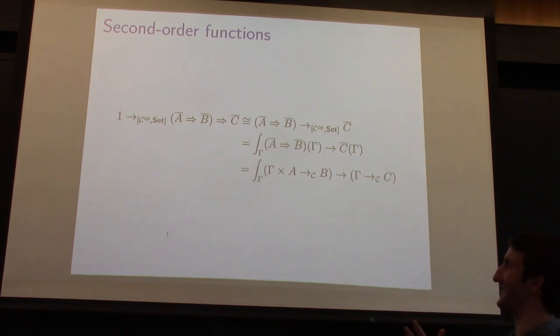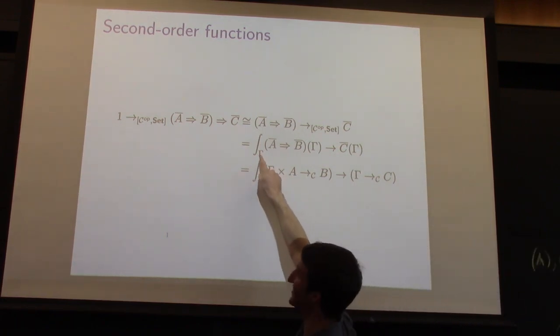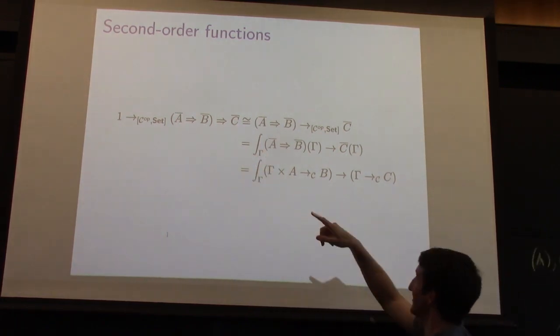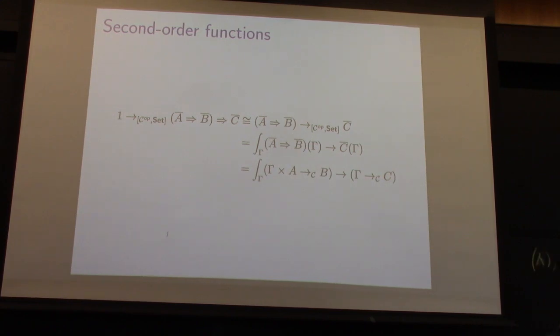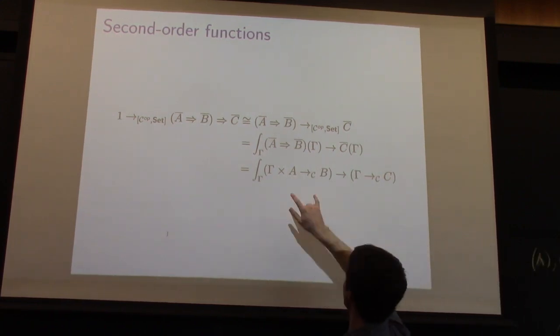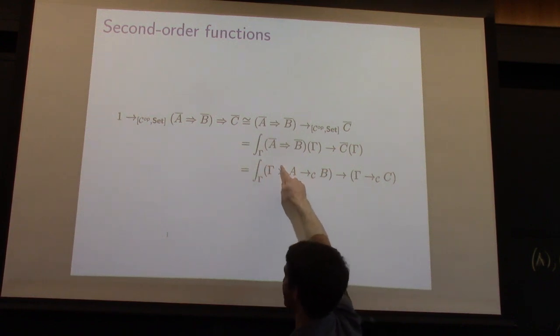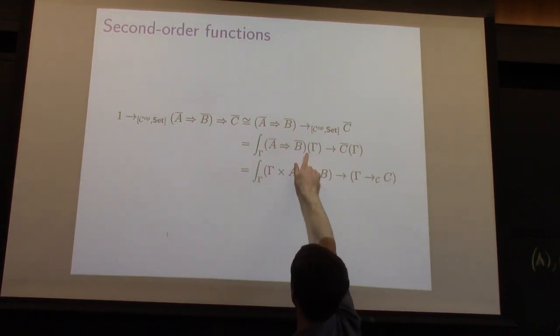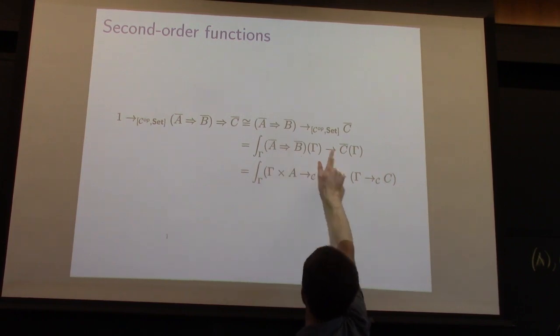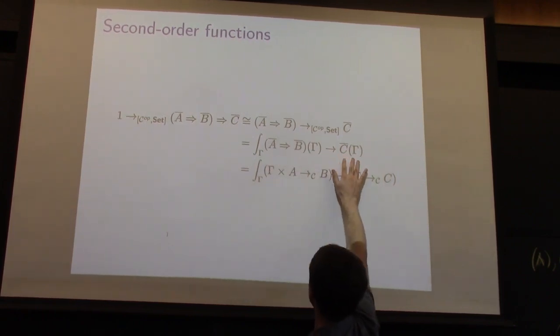The way to think about this is that for any space gamma, which comes from the original category, this category that may not be Cartesian closed, right, we need to produce it. It's a natural transformation from this functor to this one. So it's from this presheaf to this presheaf.